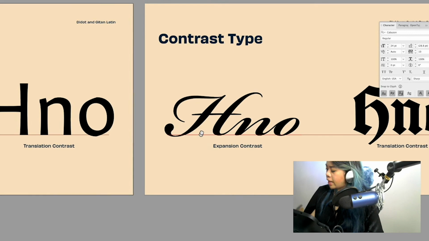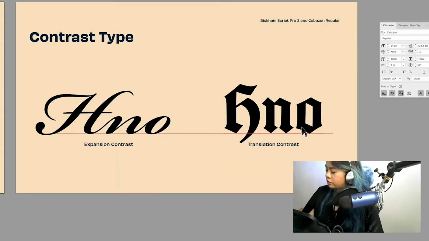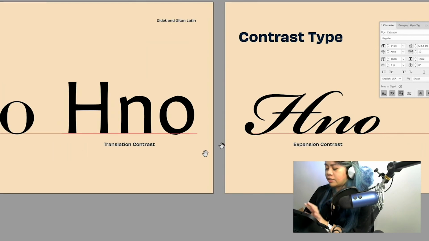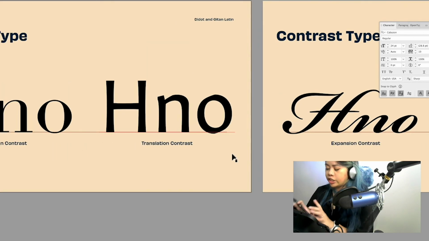If you're doing calligraphy for blackletter, it goes from the thin at the top left and the bottom right. That's how you can understand that it is supposed to be a translation contrast by looking at the O, and then all of the letters will follow that type of contrast.